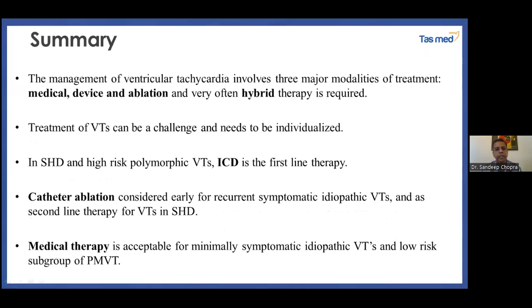ICD is the first-line therapy when you have sudden cardiac death with high-risk polymorphic VT. Catheter ablation is considered early for recurrent symptomatic idiopathic VTs, or as second-line therapy in sudden cardiac death. Medical therapy is acceptable for minimally symptomatic idiopathic VTs and low-risk polymorphic ventricular tachycardia.